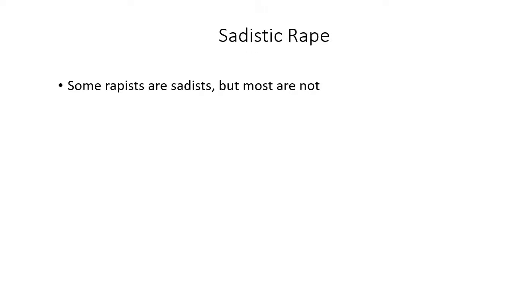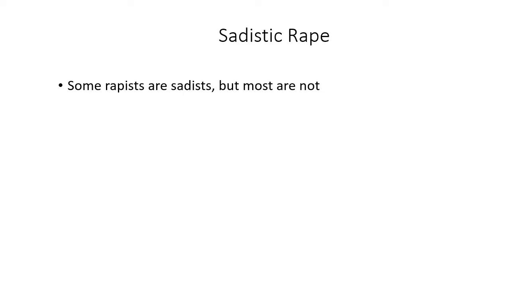Next thing we're going to talk about is one that really there's no way to look at in any way other than it being disordered, and that is sadistic rape. When we look at this, though, we have to first classify that some rapists are sadists. Again, we just talked about that, those who get pleasure from inflicting harm. But most are actually not.